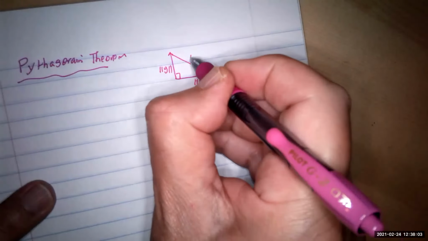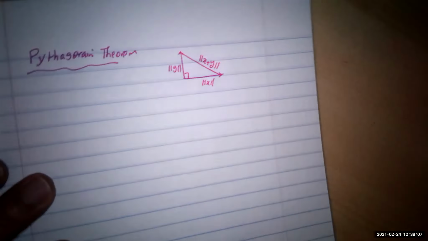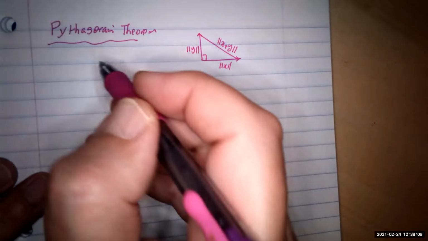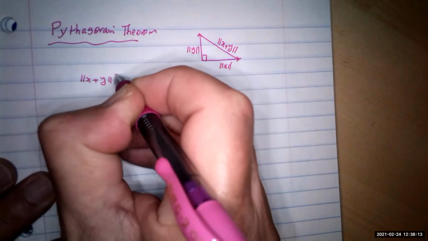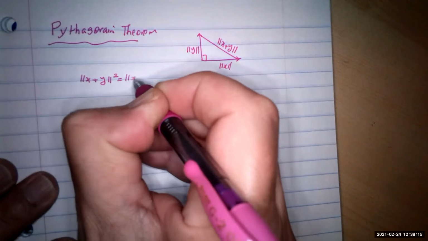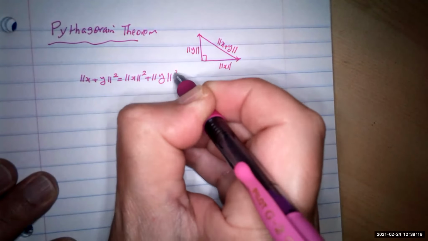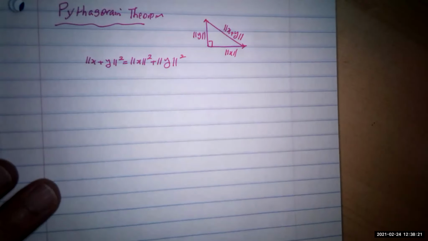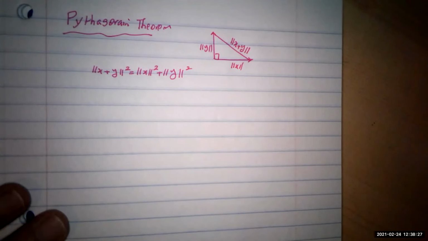This is going to be norm of x plus y. You know that the square of the hypotenuse is the sum of the squares of the other two. You see? That is going to be the version of this theorem in norm.